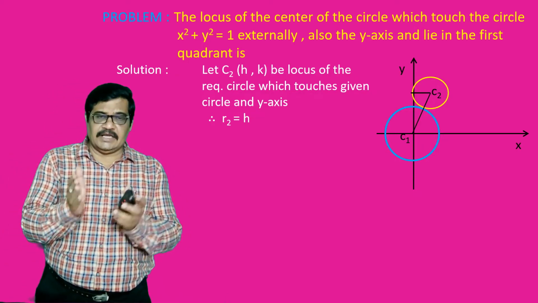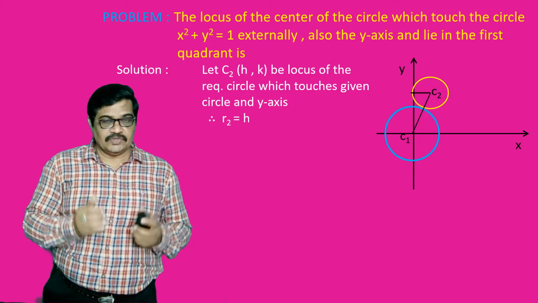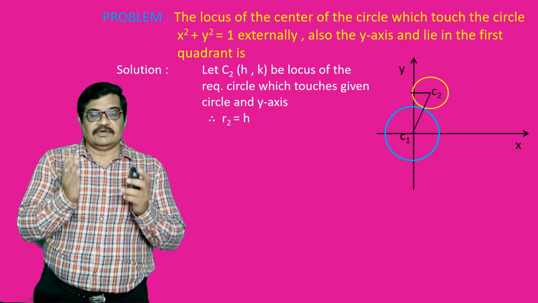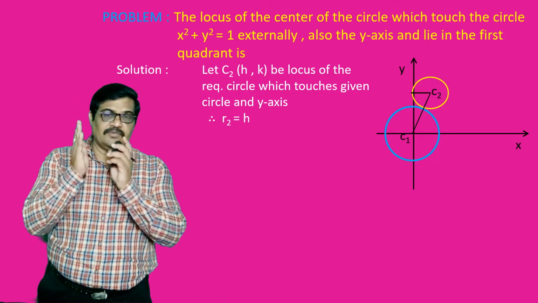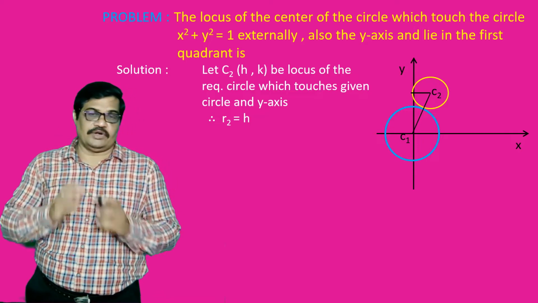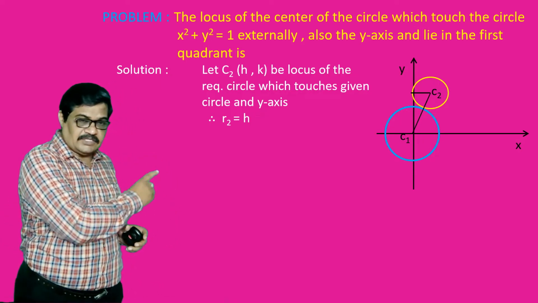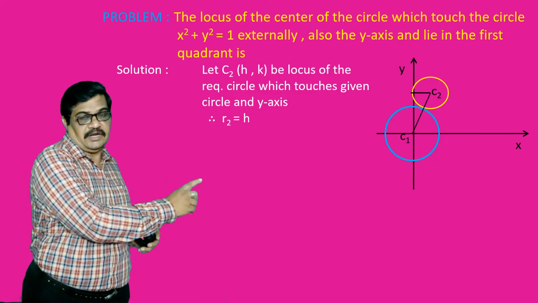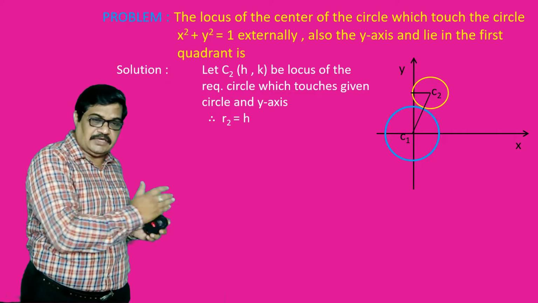If any circle touches the y axis, then what is the radius? The radius of a circle which touches the y axis is the modulus of the x coordinate of the center. So here the radius of the circle R2 is h, that is the x coordinate of the center C2.